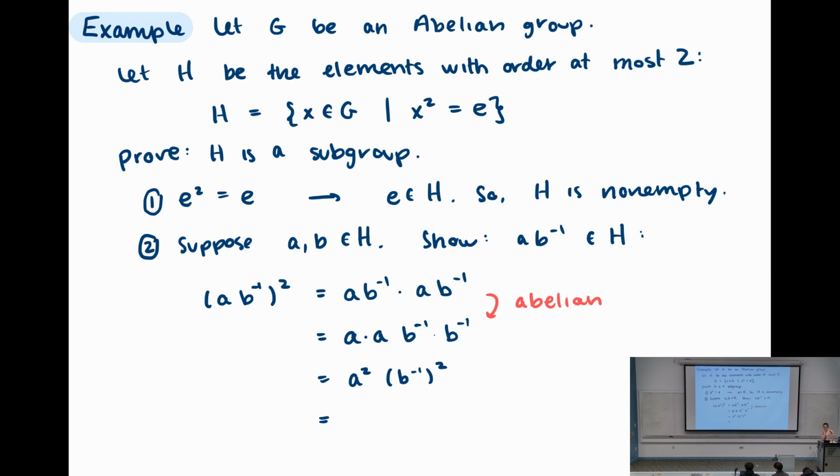Okay, we know that A is an element of H, the thing we're trying to prove is a subgroup, so A squared becomes E. And B inverse squared I claim is equal to B squared inverse. Again, this is sort of like a uniqueness of identity thing.